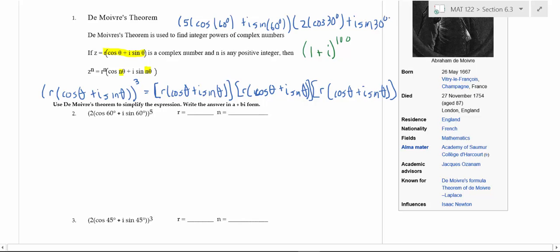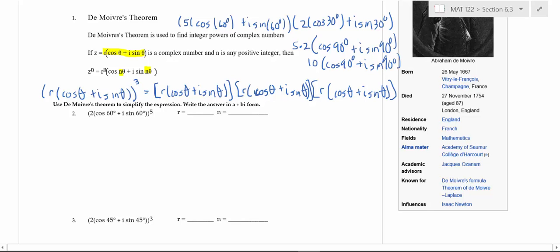What we learned in the previous section is how easy it is to multiply 2 complex numbers in trig form. We do 5 times 2, and then we add the angles, so 60 plus 30. So we'd have cosine of 90 plus i times sine of 90, and we'd end up with a result of 10 cosine 90 plus i sine 90. Okay, that's what we learned last time.